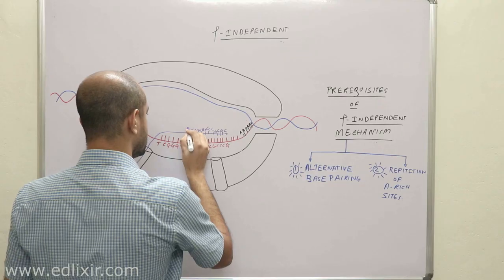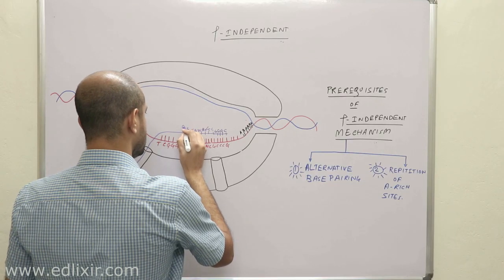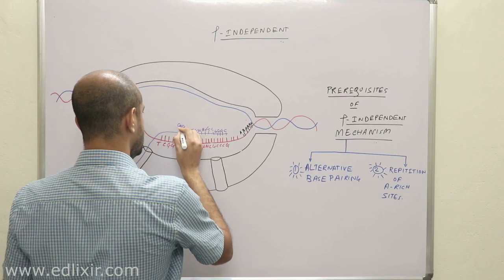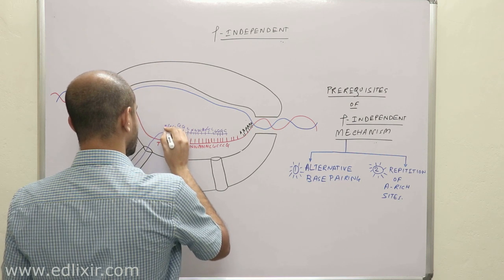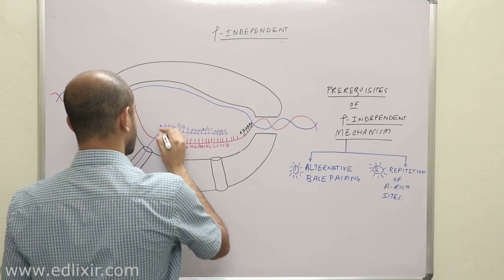And then again it is C, G, G, G, G, C, A.